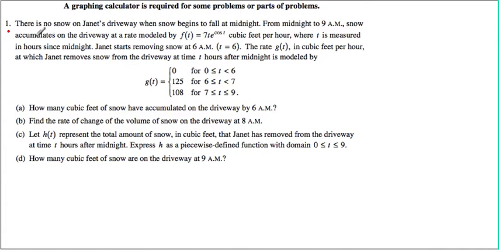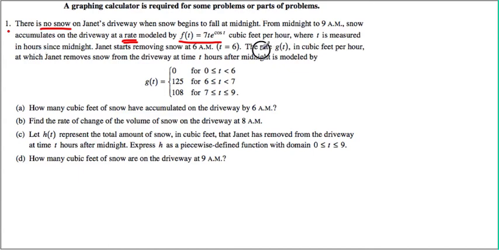So it says here, there is no snow when snow begins to fall at midnight. So no snow, this basically means the initial condition. When t was equal to 0, it seems like there's no accumulation at all. And we have function f of t, which describes the rate of how much snow accumulates, and t is measured in time, hours.